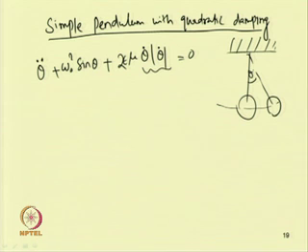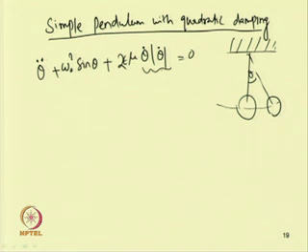When theta is small, sin theta becomes theta and the equation reduces to theta double dot plus omega 0 square theta plus the damping terms. If damping is not considered, the equation is theta double dot plus omega square theta equal to 0, and we already know the solution of the system.